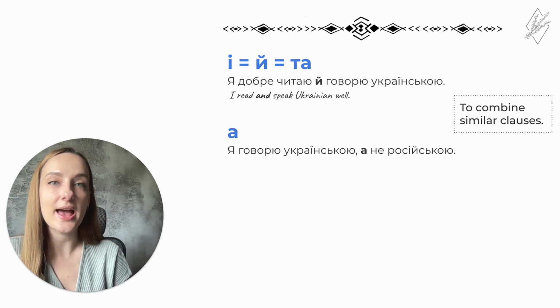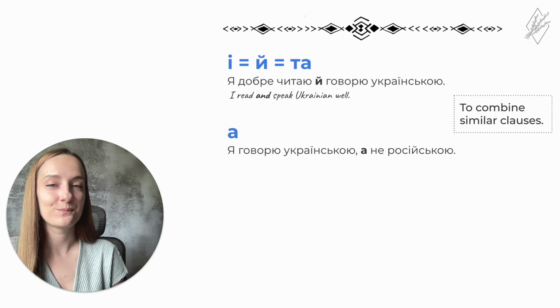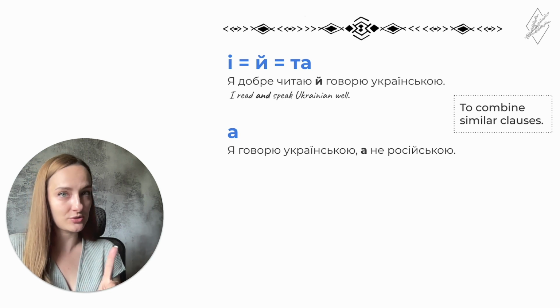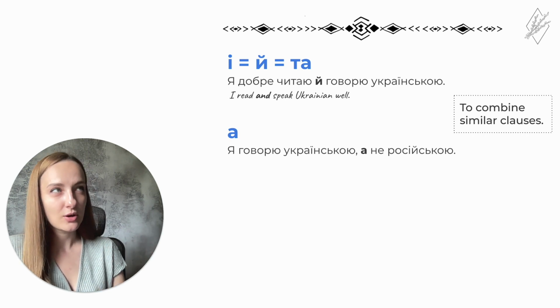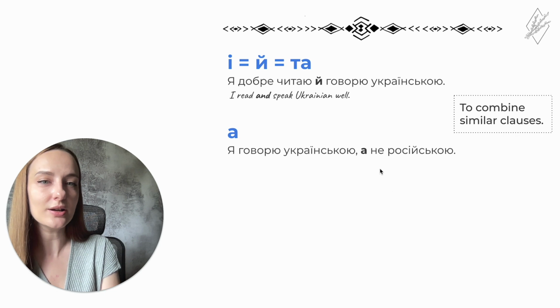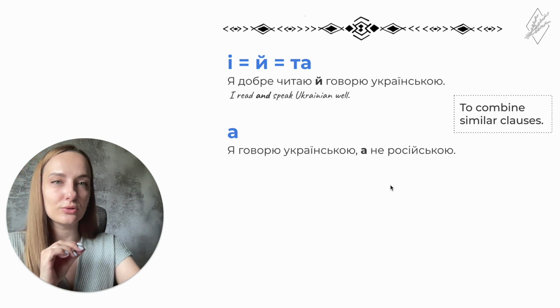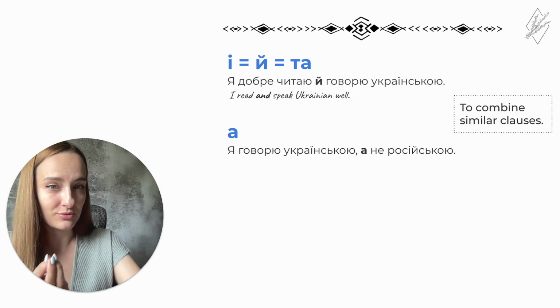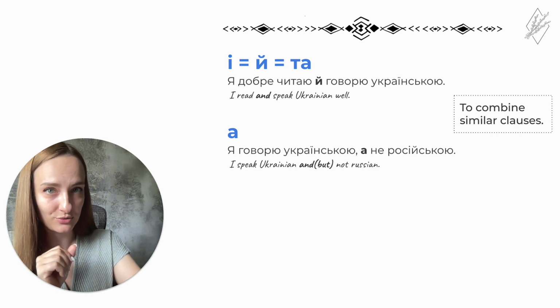Let's take a look at conjunction а. Я говорю українською, а не російською. What about conjunction а in this sentence? What role does it play?